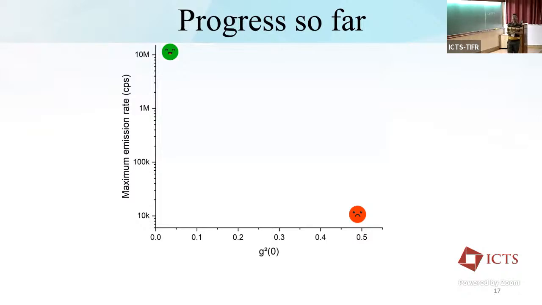Otherwise you cannot encode the information at a fast rate. There is also a parameter which is the single photon purity. We measure it through second order correlation, and it should ideally be 0. So basically this is a good corner, this is a bad corner, right? We'd like to have our devices working in this corner.